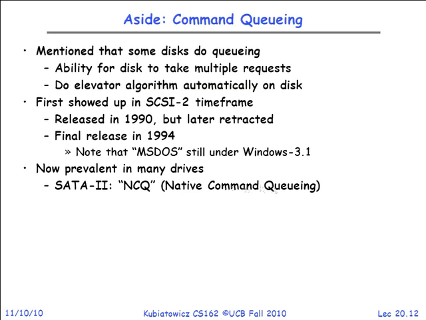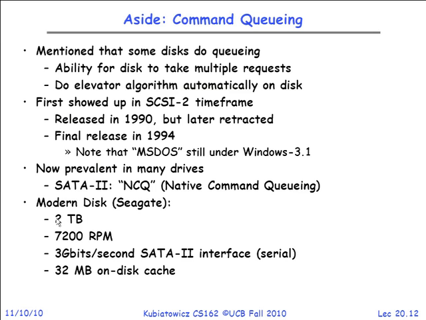That means you can queue up a bunch of requests, and the disk will reorder them and give you back the responses in whatever order it feels like. If you look at a modern disk, this is still current because Seagate hasn't come out with the next rev yet, but people are promising 2.5 and 3 terabyte drives soon. But 2 terabytes, 7200 RPM, 3 gigabits per second, SATA 2 interface, 32 megabytes of on-disk cache is pretty standard.